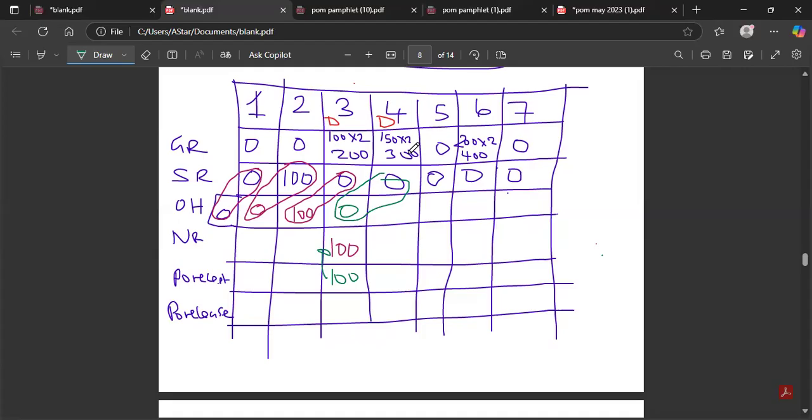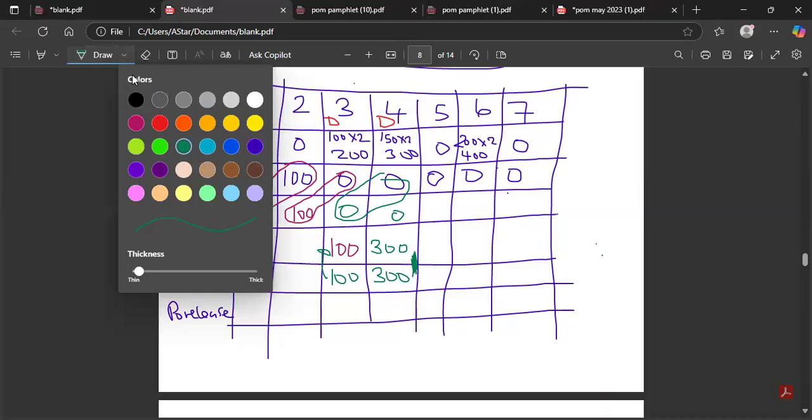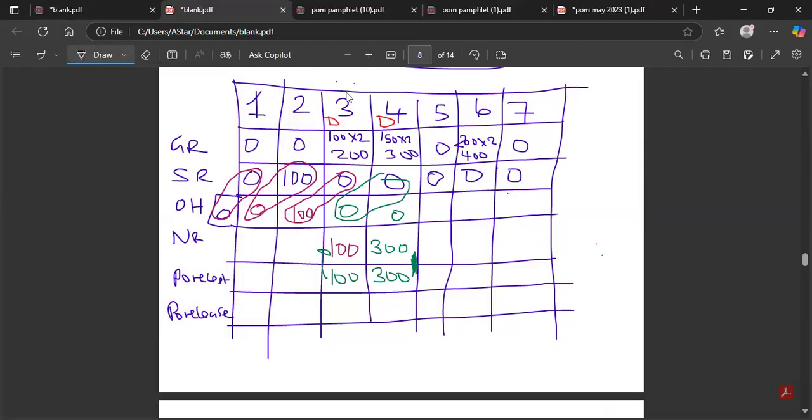Net requirement of 300. Correct. So net requirements of 300 we don't have. So what you do, you order the same 300. You remain with the 0 here. You sort out this problem, right? Can we proceed?